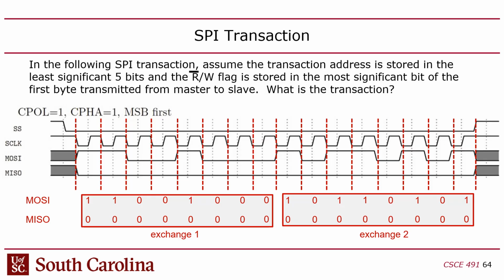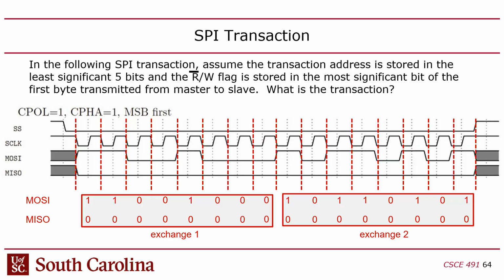So I drew these lines on the first edge of the clock, starting with the first edge, because the idea was I was going to read the data in between these dotted lines. Now you could also think of it as saying, well, why don't I read it on the black dotted line, or in between the red dotted lines, or on the black dotted line, right?